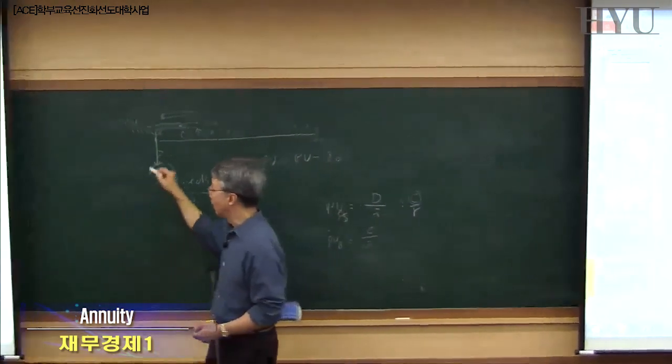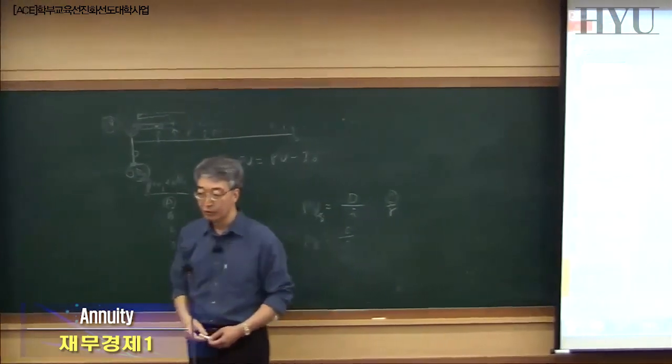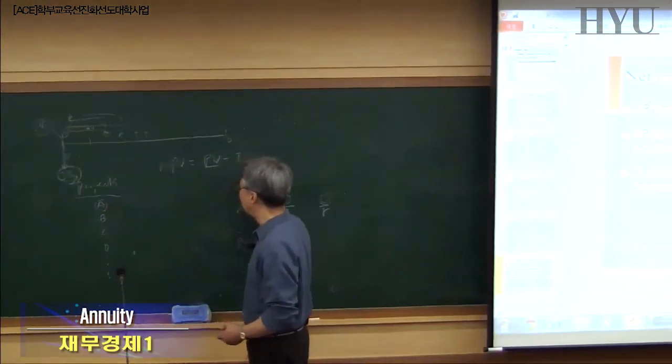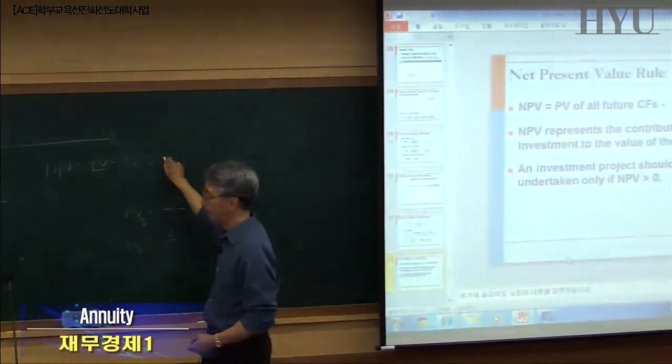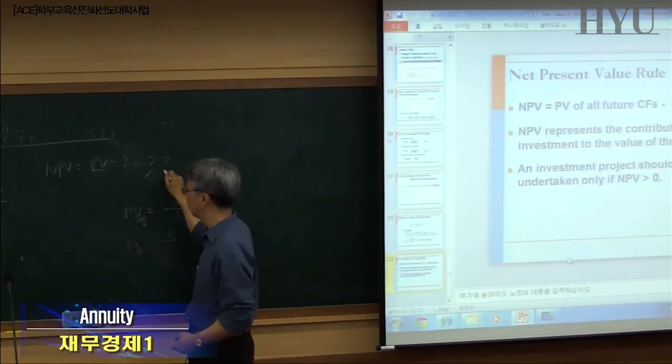And then you're comparing the present value to the initial investment, to see which one is greater. Okay? If the present value is greater than I0, then it's going to be positive, right? Otherwise, if the present value is less than the initial investment, it's going to be negative, right?